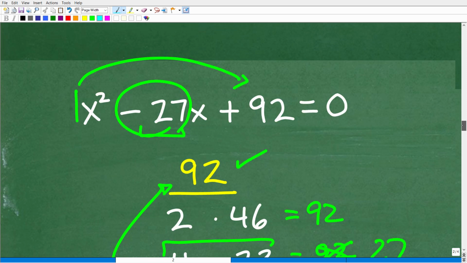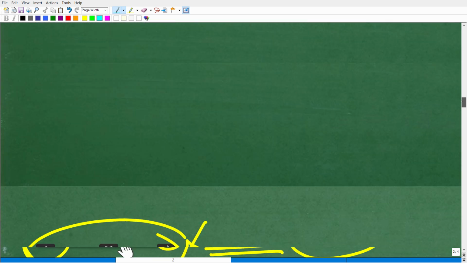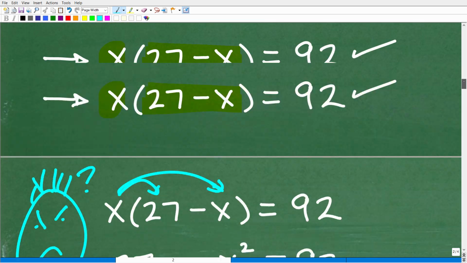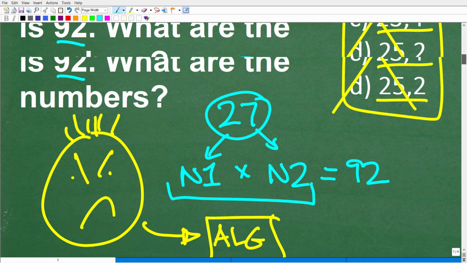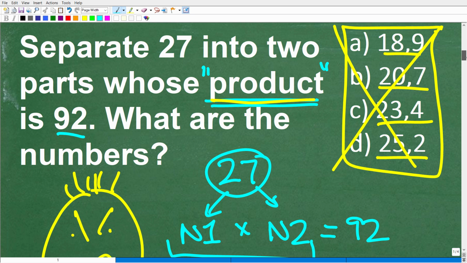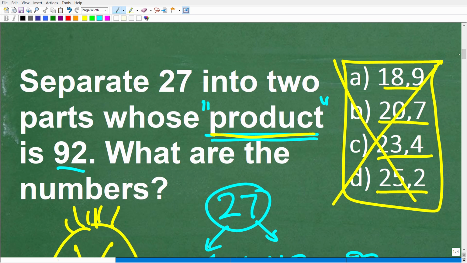All right, so this is all the work that we would have to do if we didn't have a multiple choice situation. But if we did have a multiple choice situation, remember, as long as you understand the problem, use the answers to your advantage.